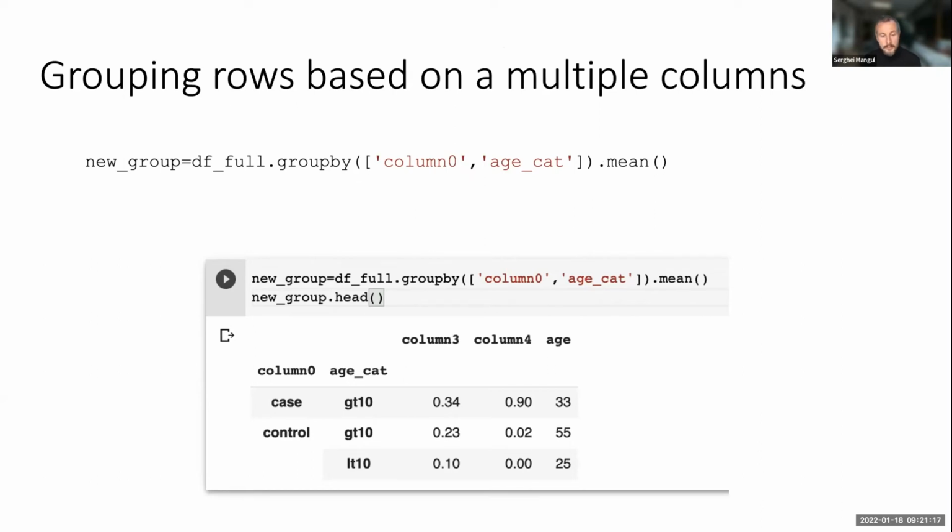Okay. And you can have as many combinations as you would like, right? The most typical example is biological sex and age. So you have, let's say, elderly males, elderly females, younger males, younger females, and so on, right? So you can have all those kinds of category combinations. Okay.